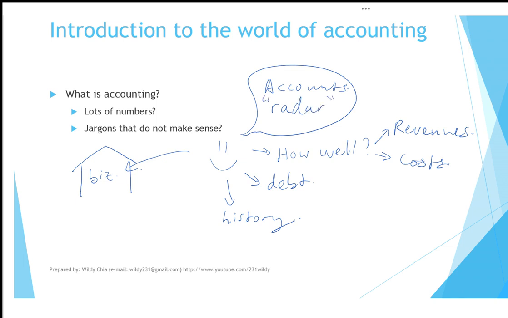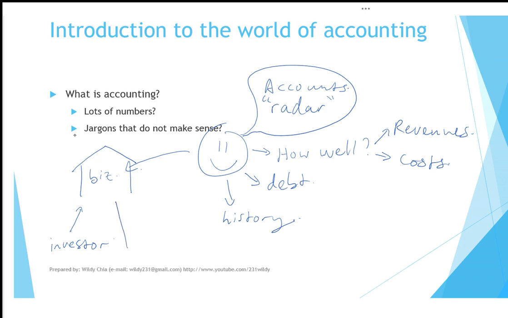It gives decision makers, people like yourself, who might be investors, who might be accountants, or whoever you are, a good sense of how the business is. And especially from the point of view of stock investors, because as a business investor, you do not want to pay too much for what the business is really worth.